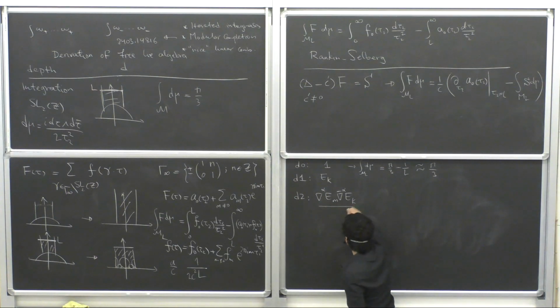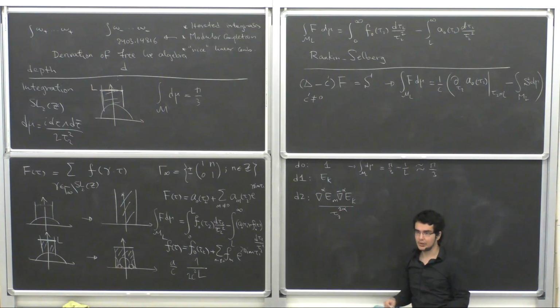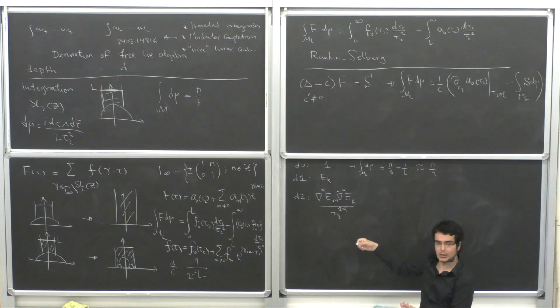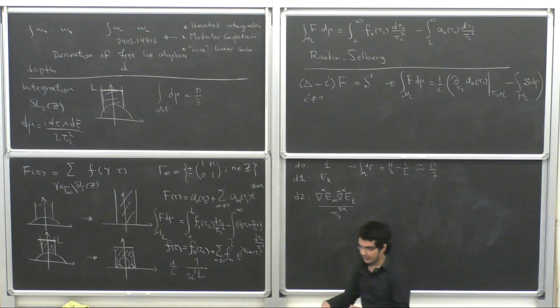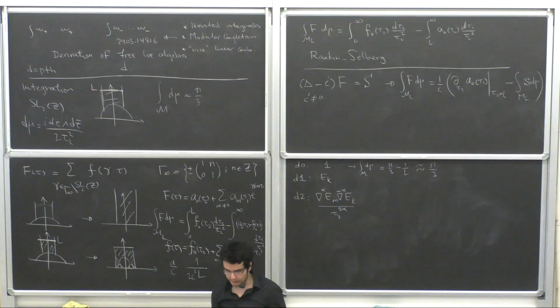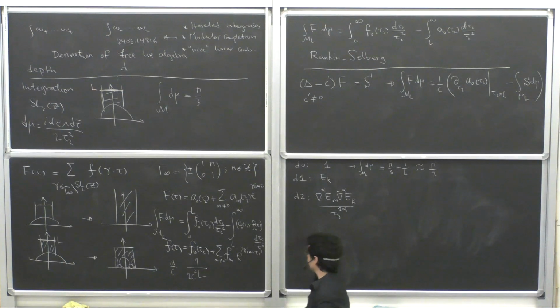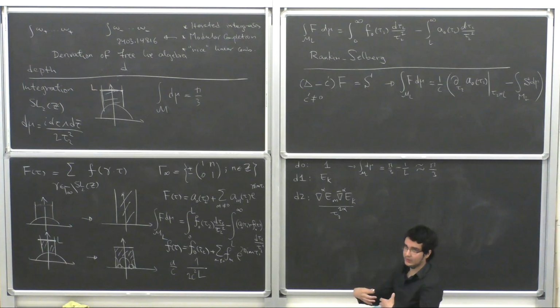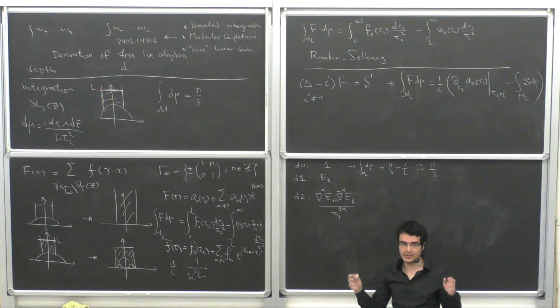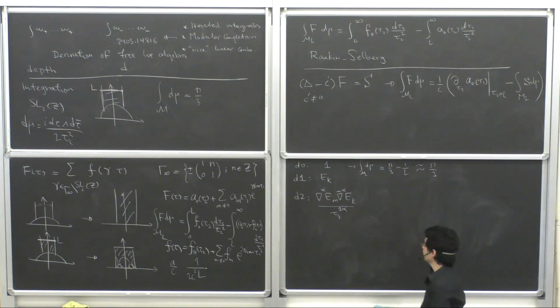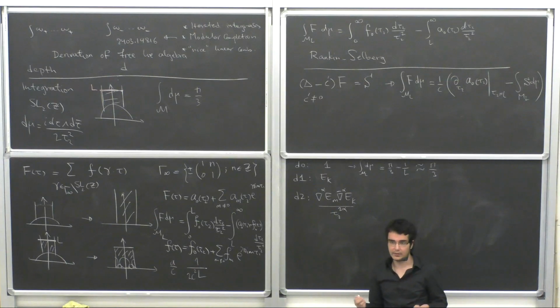By the way, this is not modular, but this is. So at higher depth, some of the functions that you can have are products of lower depth functions. And for some reasons that I'm not going to talk about, we call these things shuffle functions.